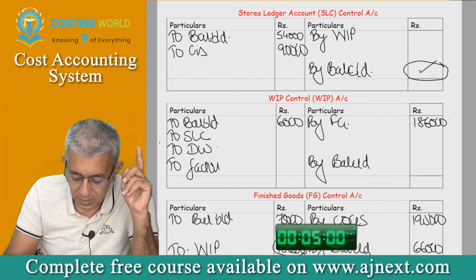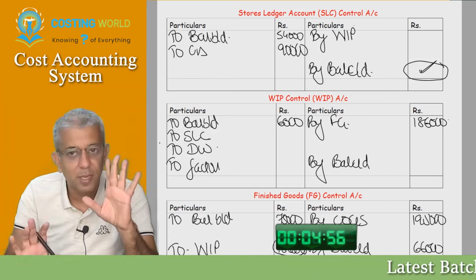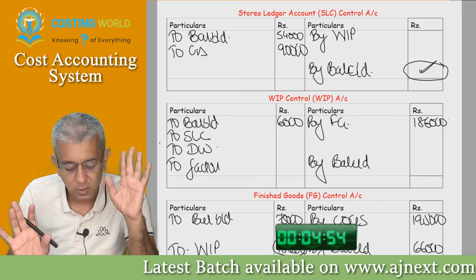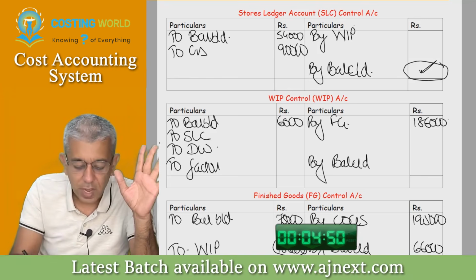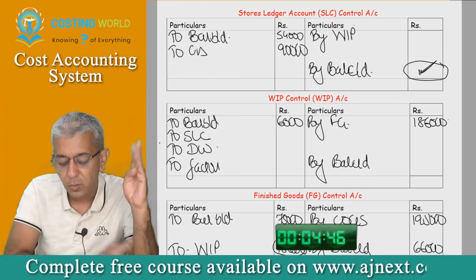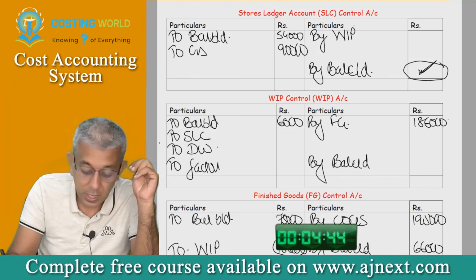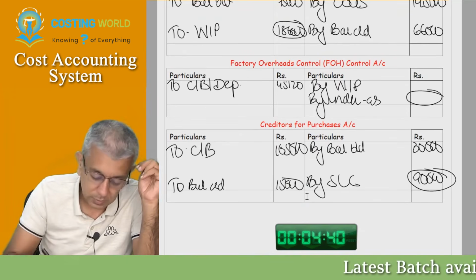After 5 minutes, I only want this figure and nothing else. Honestly, it's a job of 1.5 minutes, but I'm giving you all time so you can think yourself. These are the only things that are pending, nothing beyond this. I want this figure as a balancing figure, and this will be the last figure that you are going to get in your entire accounts. Please start and try to get all the numbers.